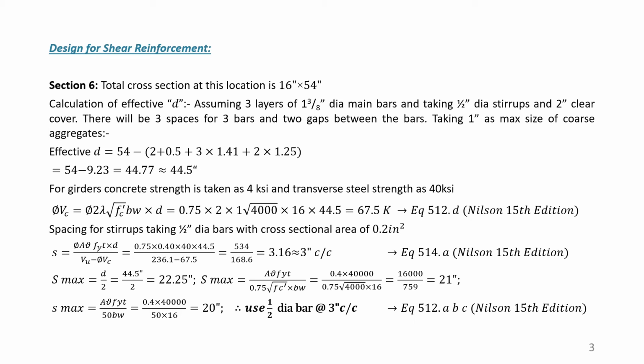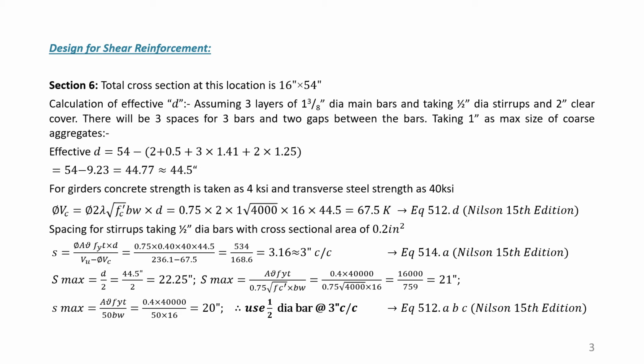The half-inch diameter bar has 0.2 inch square area, but everywhere we will be using 2 legs in the same section. That's why Av is taken as 0.2 times 2, that is 0.4, and 40 is the Fy value we have taken for transverse reinforcement. We have taken this as 40 KSI, and 44.4 is the effective depth.